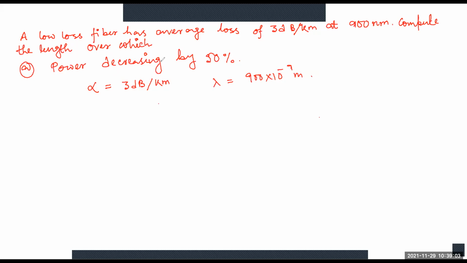In the question, it is given that the power decreased by 50%, so P0 by Pz equals 50% or 0.5, sorry.